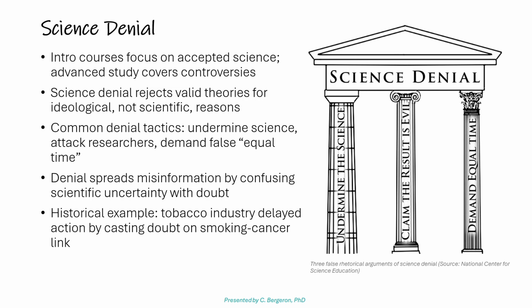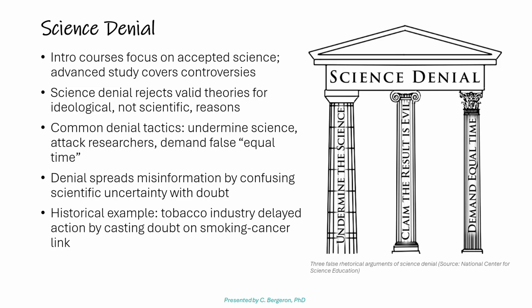It's people that don't agree with basically scientific theories, that argue that established scientific theories are wrong and that they're not based on scientific merit, but rather on subjective ideology. Science denial generally is held up by three basic arguments.